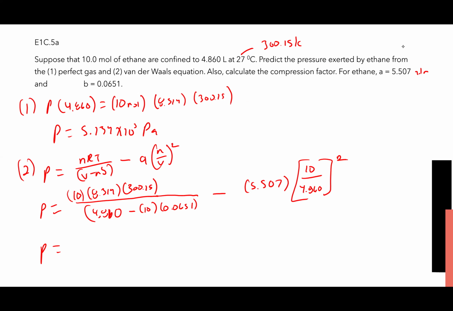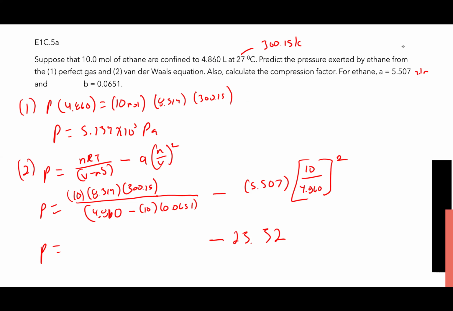Square that, I get 4.233 times 5.507. This term is going to be 23.32. In this case, pascals. Don't worry about that yet.